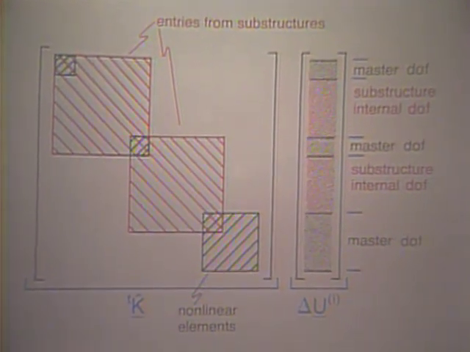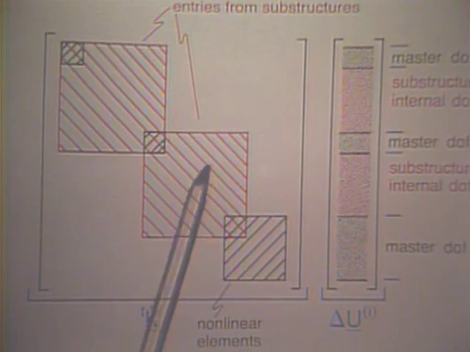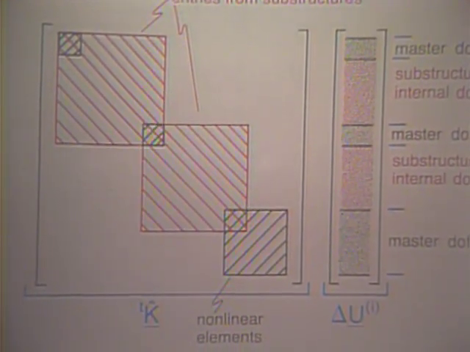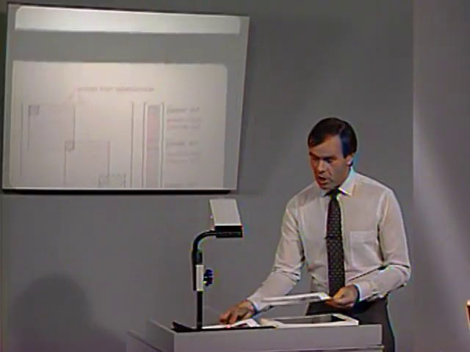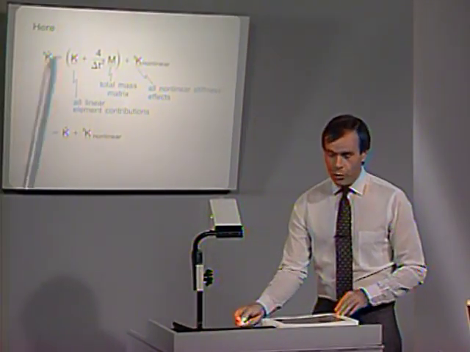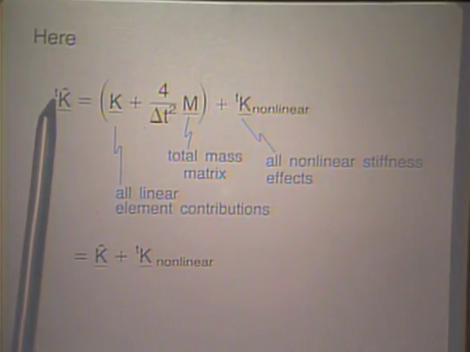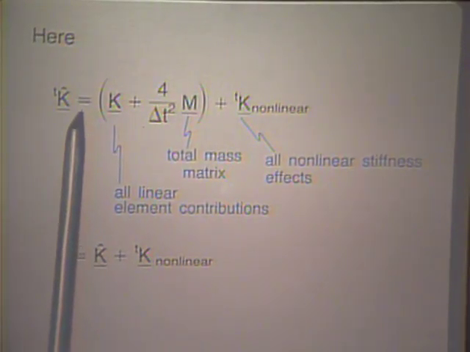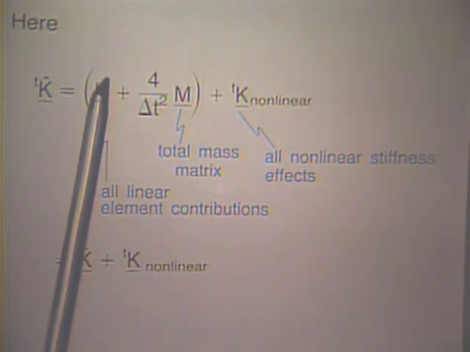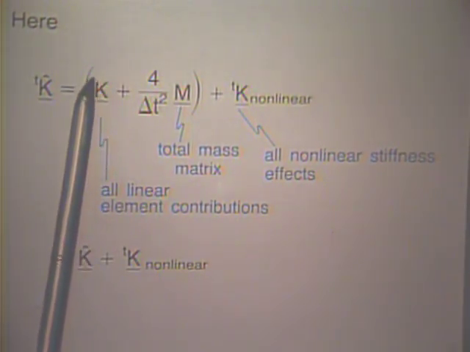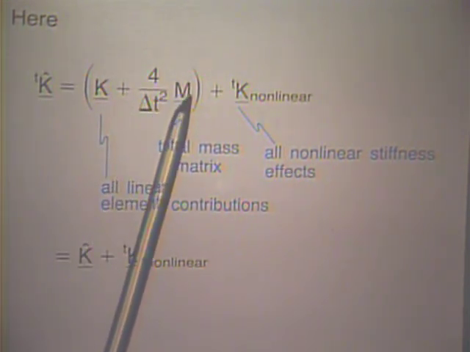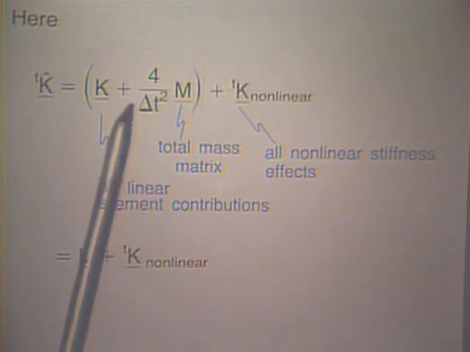Now what we can do is condense out all the linear degrees of freedom effects, and that is achieved as follows. We recognize that the total effective stiffness matrix corresponding to time t is made up of this part here, which is the linear stiffness matrix plus the total mass matrix.